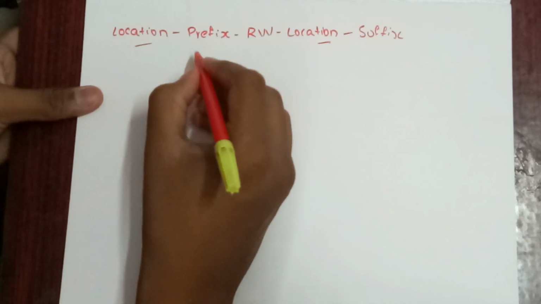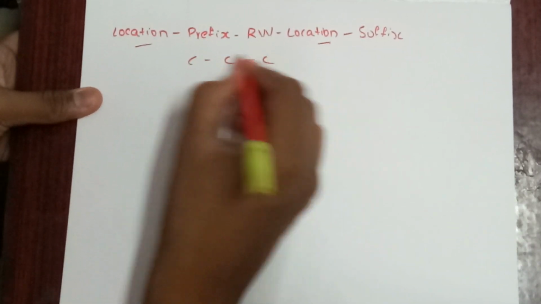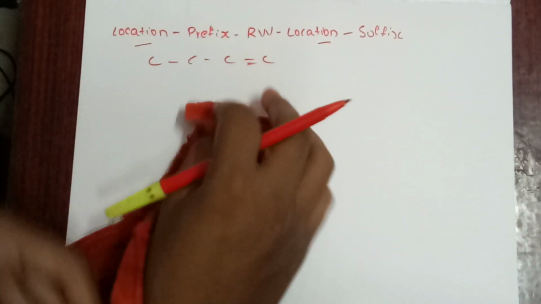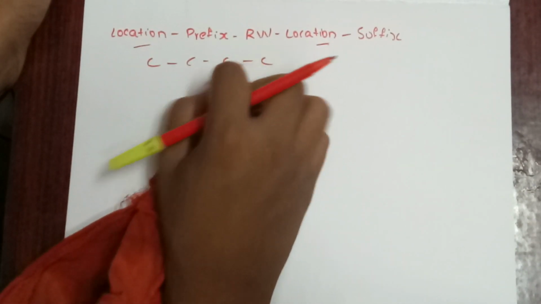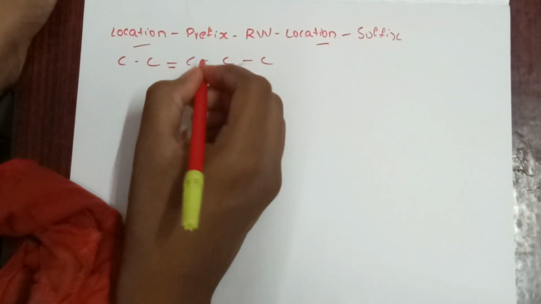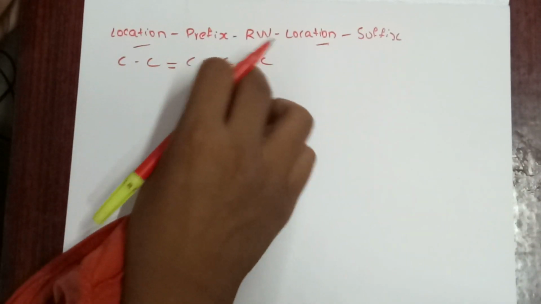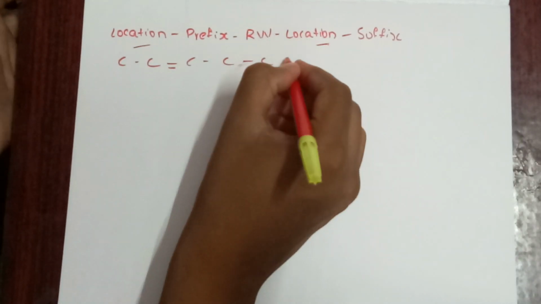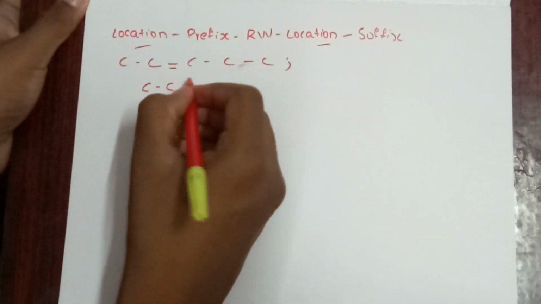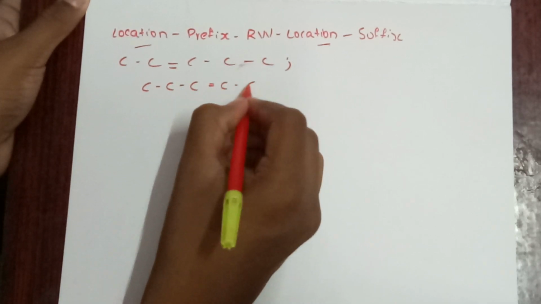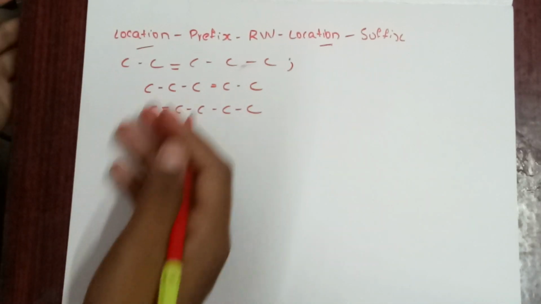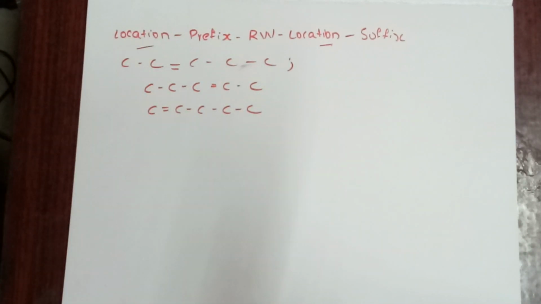I'll tell you. If there is a carbon chain like this, we can name it as pentene, right? We have already named it pentene, but we can get the same pentene in this form, and we may get 3 other forms also.